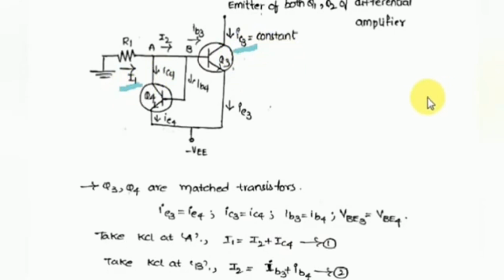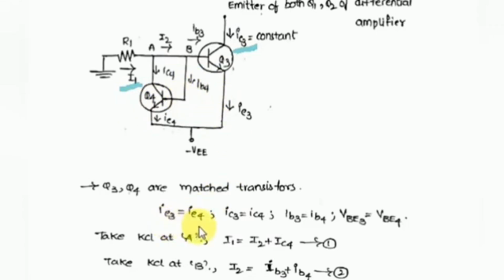From the basic assumption that Q3 and Q4 have matched parameters, we can write that the emitter currents of transistors Q3 and Q4 are the same, the collector currents of Q3 and Q4 are the same, as well as the base currents of transistors Q3 and Q4 are the same.